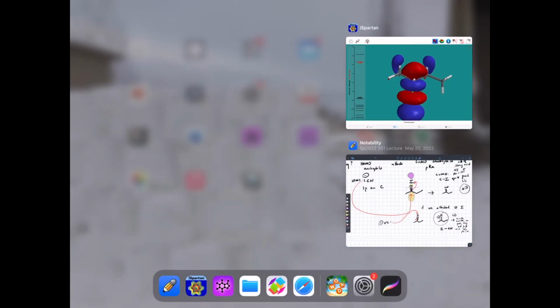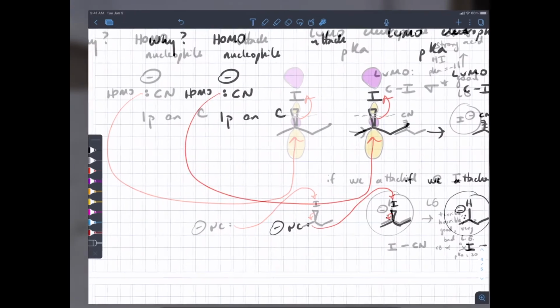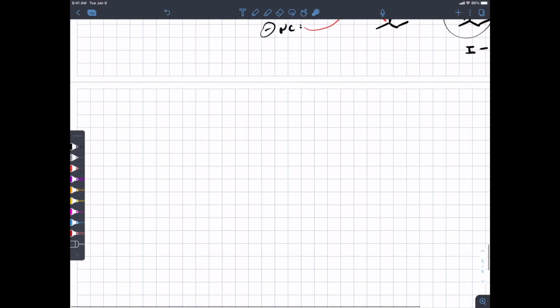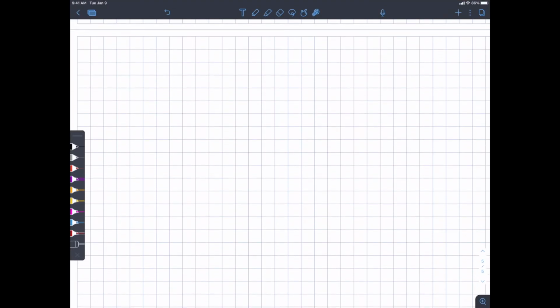Okay, so let me show you how we get that conclusion, or rather how we remind ourselves that this is occurring. So we'll redraw our molecule.